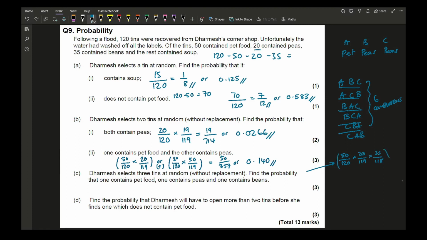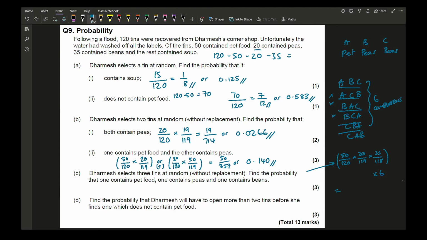Now that's just one outcome, but if I multiply that by 6, for each of these other rows the numbers are going to be the same, they're just going to be jumbled up. So the numerators are going to be jumbled up, the denominators are going to be jumbled up, but when you multiply them, the order doesn't make a difference, you're still going to get the same answers. So that's why we're not having to work out each individual one, and that's why the combination comes in handy.